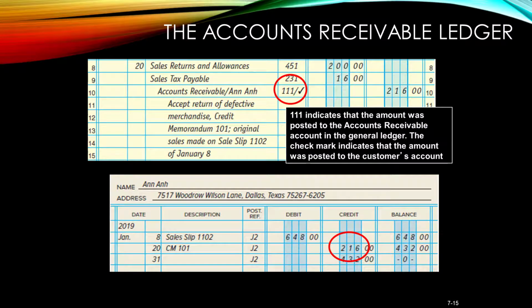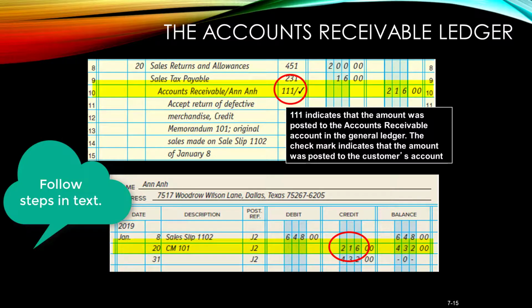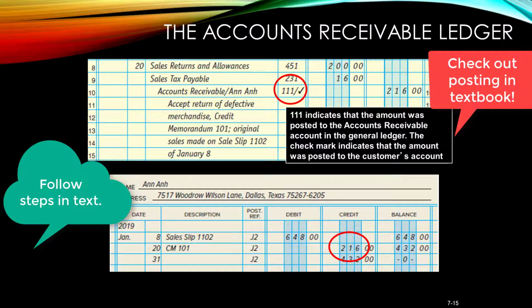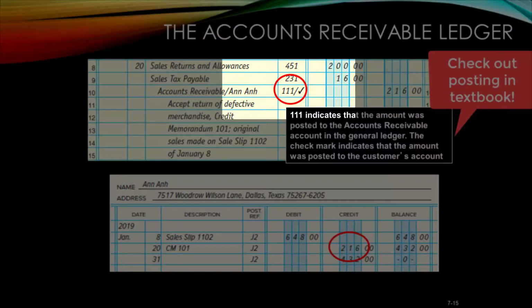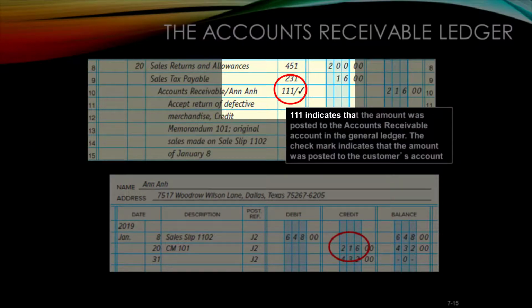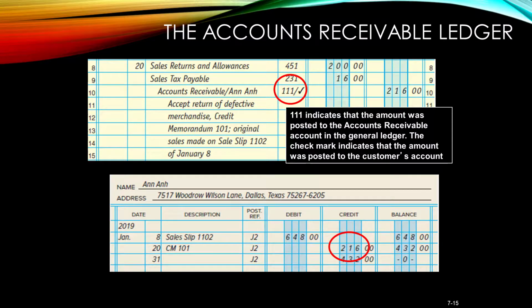As previously mentioned, an extra posting is necessary now that we are using the accounts receivable subsidiary ledger. Take a close look at your textbook to understand step by step how the postings are made. Notice the small check mark on the accounts receivable line item that shows that the amount has been properly posted to the customer's card.